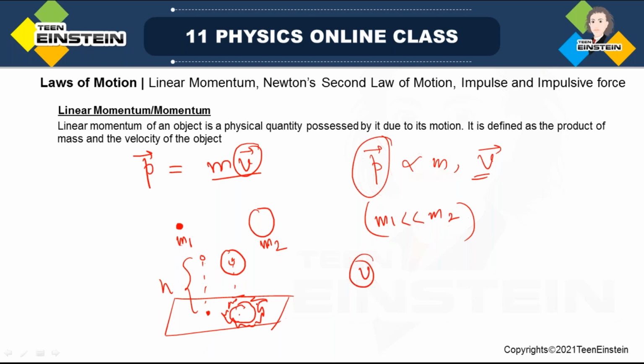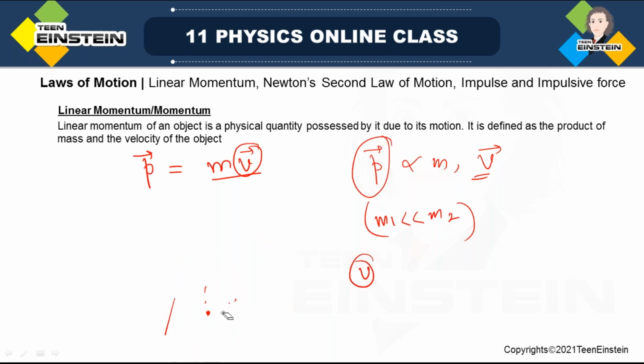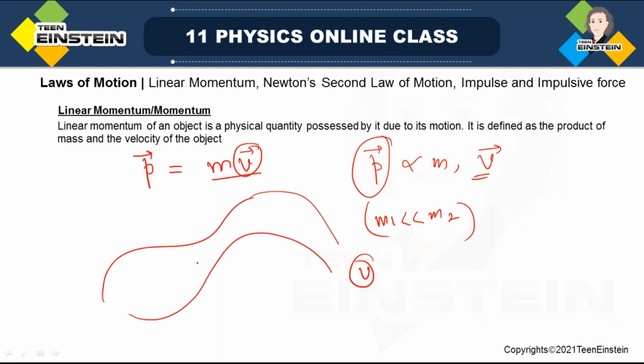Okay, I'll give another simple example. If you have seen trucks, sometimes trucks will be fully loaded, and they have to take a turn in a road somewhere. Suppose there is a turn like this. I'll draw it a little better.